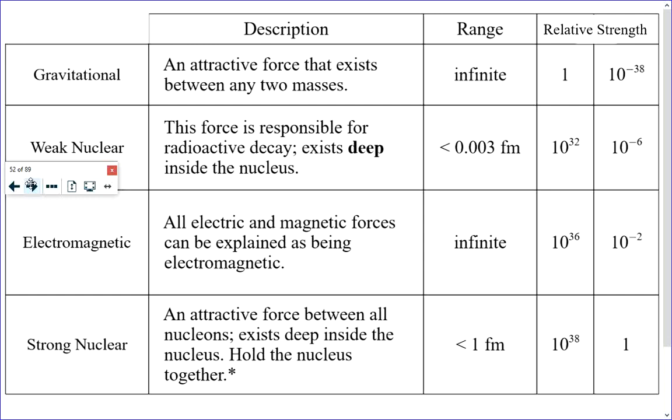However, and I realize I'm dancing all over the place with this table, the strong nuclear force only exists when the particles are closer than about a femtometer. So if the distance from one side of this desk to the other side of the desk is 1 femtometer, and I put a proton here and a proton here, they are going to push apart. They're going to push apart here, they're going to push apart here.